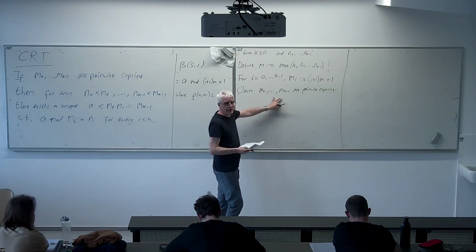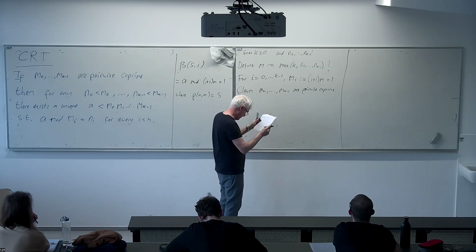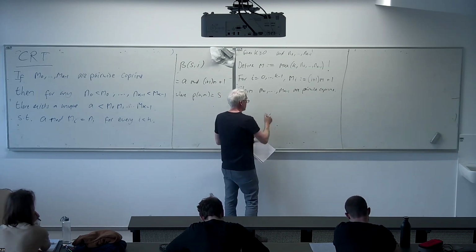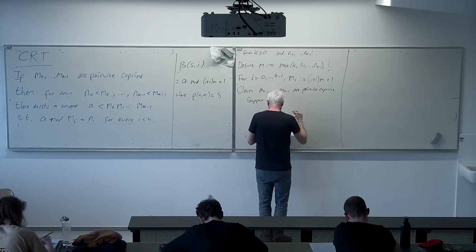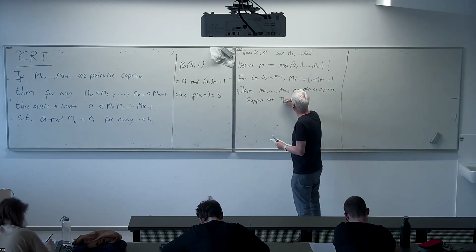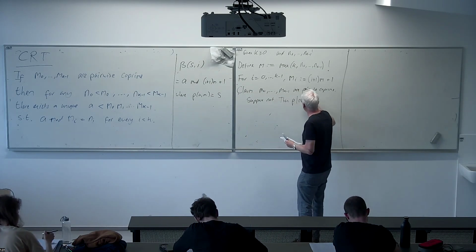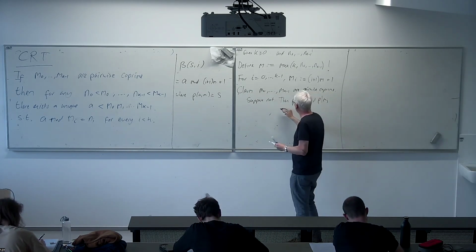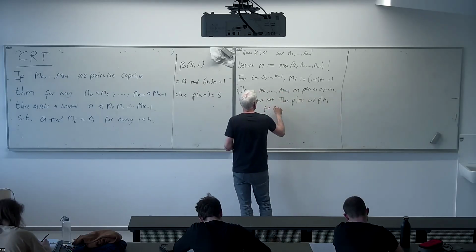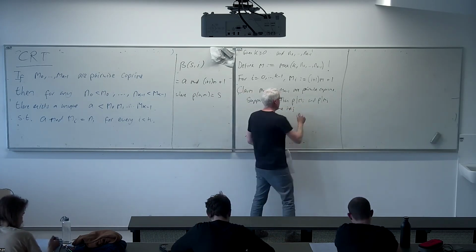So if they're not, then two of them have some common divisor, which might as well be prime. They have some prime common divisor. So suppose not, then we have that some prime p divides mi and p divides mj for some i not equal to j.